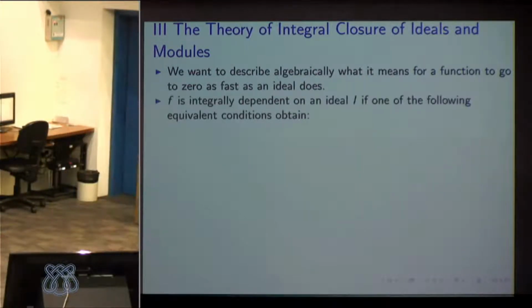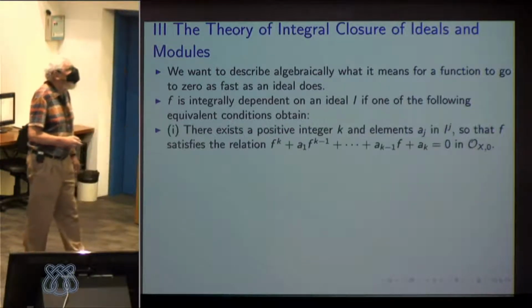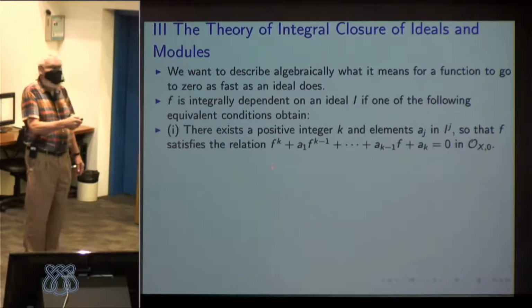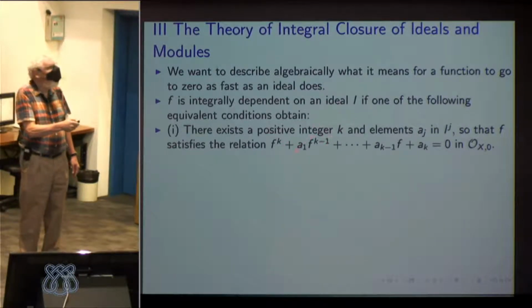Well, so we have this notion of integral dependence, which has both an analytic side and an algebraic side. So we have some equivalent conditions. Okay, the first one, if you're familiar with the notion of integral dependence for functions in a ring, it's very similar.